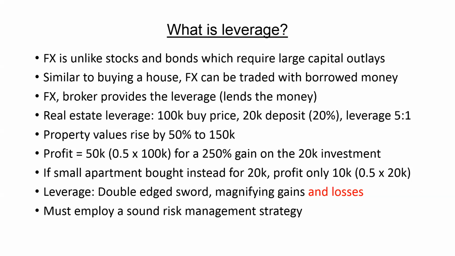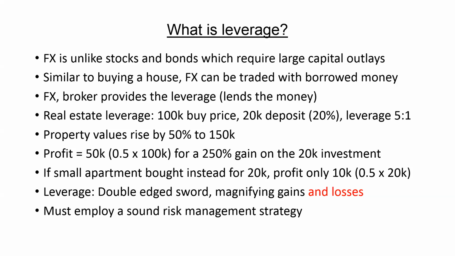You've made 50,000. But wait, you've only deposited 20,000. So your real gain is actually 250% because your investment is only 20,000 and you've made 50,000 on it. Now that is the power of leverage working in your favor in the real estate market.